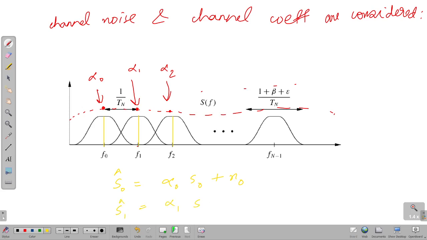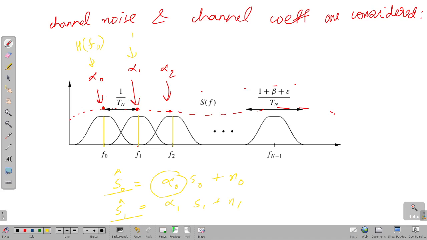S1 cap will have alpha 1 S1 plus N1. So each of these symbol estimates has the value alpha naught S0 plus N0, where alpha naught is your channel coefficient at that point. It is basically the frequency response value at f naught.